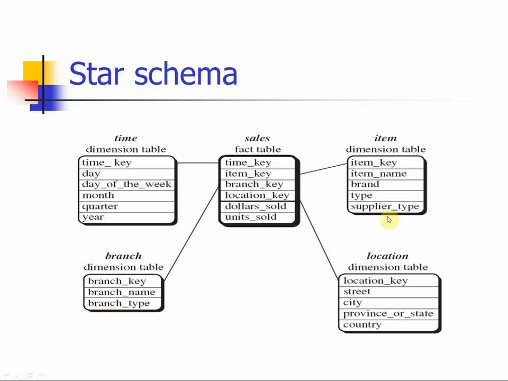Item-wise, it's similar: item key, item name, brand type, supplier type. For the location, you can have location key, street, city, province or state, as well as the country. And of course, by defining it this way, you can separate your data in terms of the city, the state, and the country.